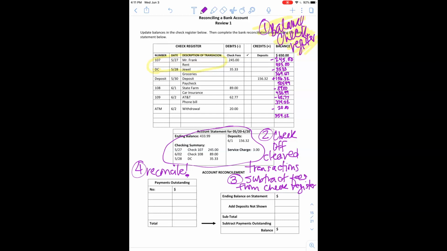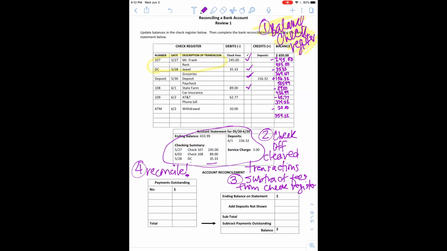All right, so check 107 went through, so we're going to put a check there. Check 108 went through, so we're going to put a check there. We have the debit card for $35.33 that went through, and we have a deposit for $156 that went through, and that's all that went through that we can see.